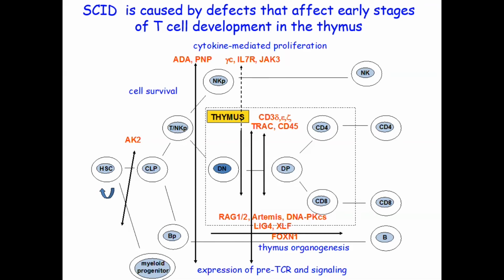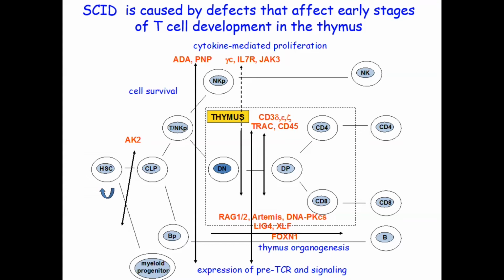Okay, why do we have such a difference? What makes combined immunodeficiencies different from typical and atypical SCID? You've seen variations of this theme already. This is T cell development in the thymus, and these are a number of genetic defects that result in typical or atypical forms of severe combined immunodeficiency by various mechanisms, all of which interfere with the ability to make these cells, which we call double positive T cells, which are the progenitors to the more mature CD4 and CD8 T cells.